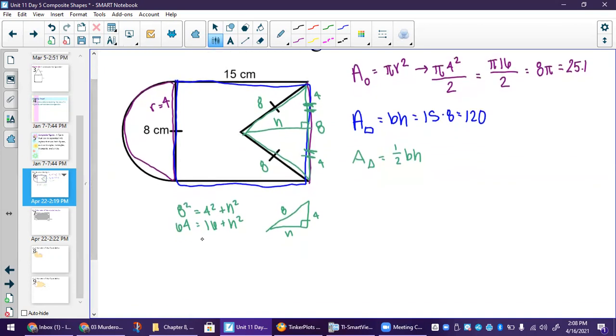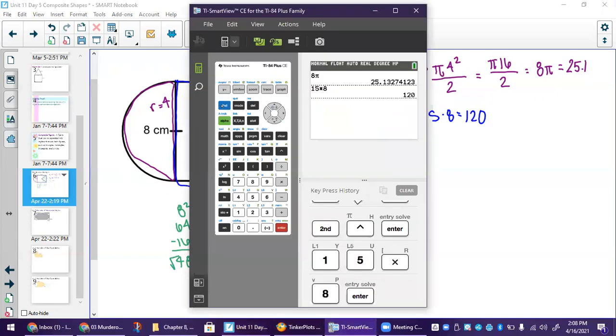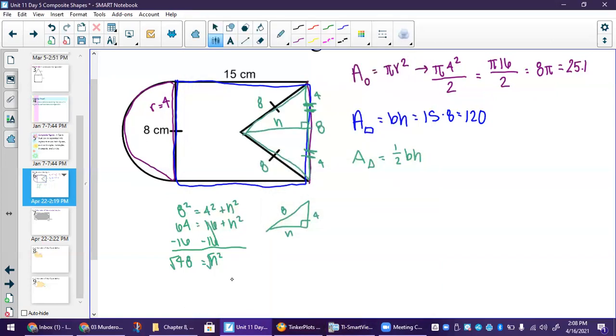Subtract 16 from both sides, and I'm going to get 48. Take the square root of both sides. The square root of 48 is 6.9.